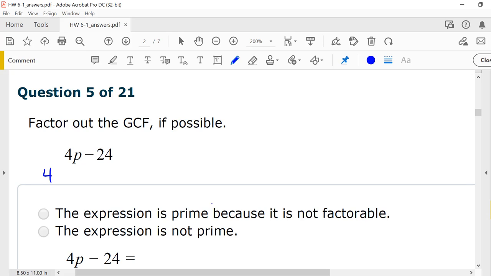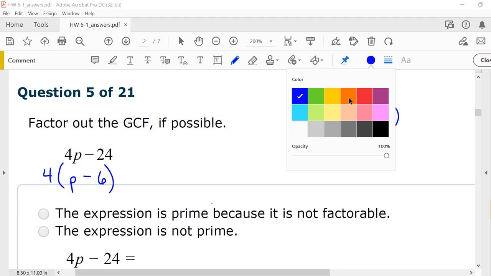So if I pull out a 4, what would be left? 4 times what gives me 4p? The answer is just p. Minus 4 times what gives me 24? And it's 6. So 4 times p minus 6, we've pulled out the GCF of 4.